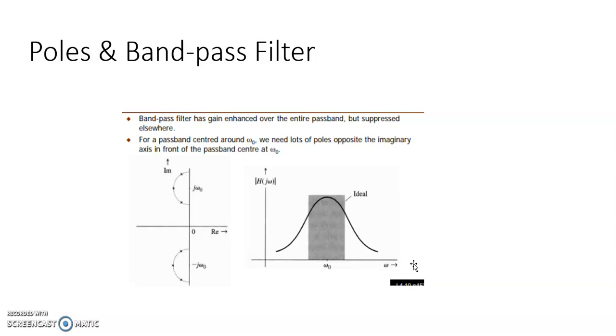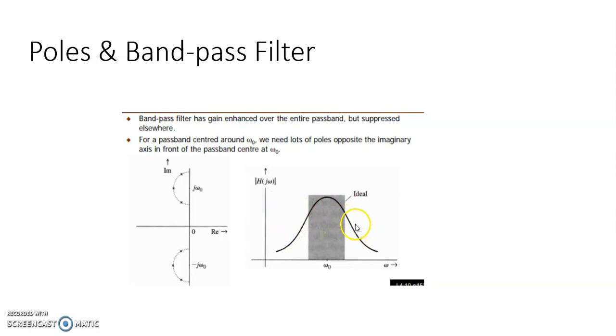Next, talking about the bandpass filter. Bandpass filter has gain enhanced over the entire pass band but suppressed elsewhere. That means it will allow the frequencies between two designated cutoff frequencies. That is over here, suppose this is omega 1, this is omega 2.